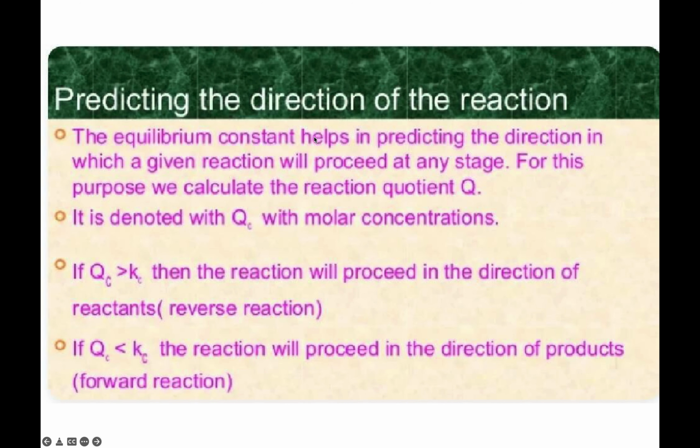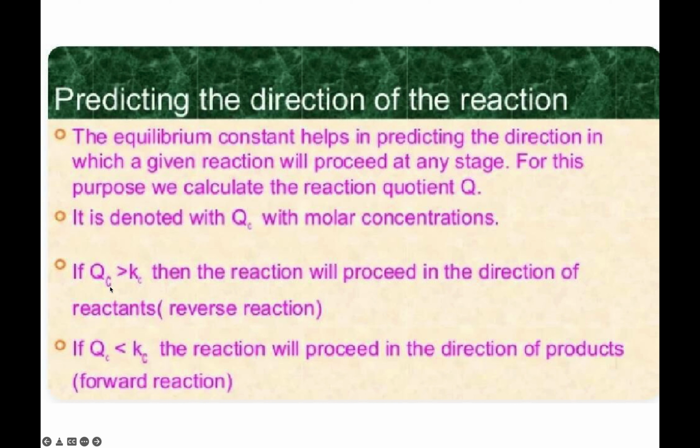Predicting the direction of the reaction. How will you predict in which direction the reaction is taking place? The equilibrium constant helps in predicting the direction in which the given reaction will proceed at any stage. For this we have to calculate the reaction quotient Q, denoted by Qc, the reaction quotient with molar concentration.